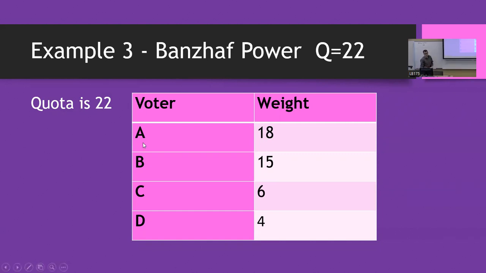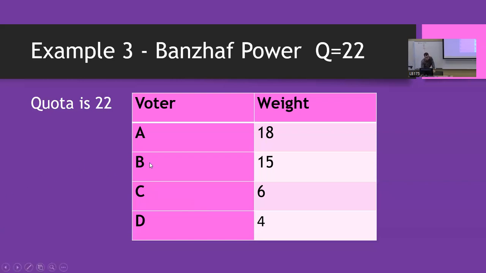How about A and C? Yeah, 18 and 6, that adds up to more than 22. So A and C are a winning coalition. A and D adds up to 22, so A, D is also a winning coalition.